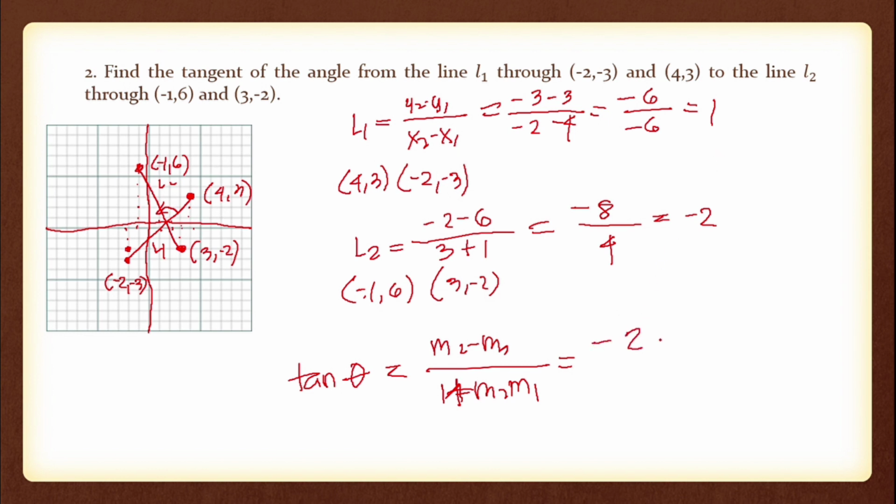Our m1 is 1. So negative 2 minus 1 over 1 plus negative 2 times 1. If we compute this using our calculator, we have 3. So therefore the answer is tangent theta is equal to 3.